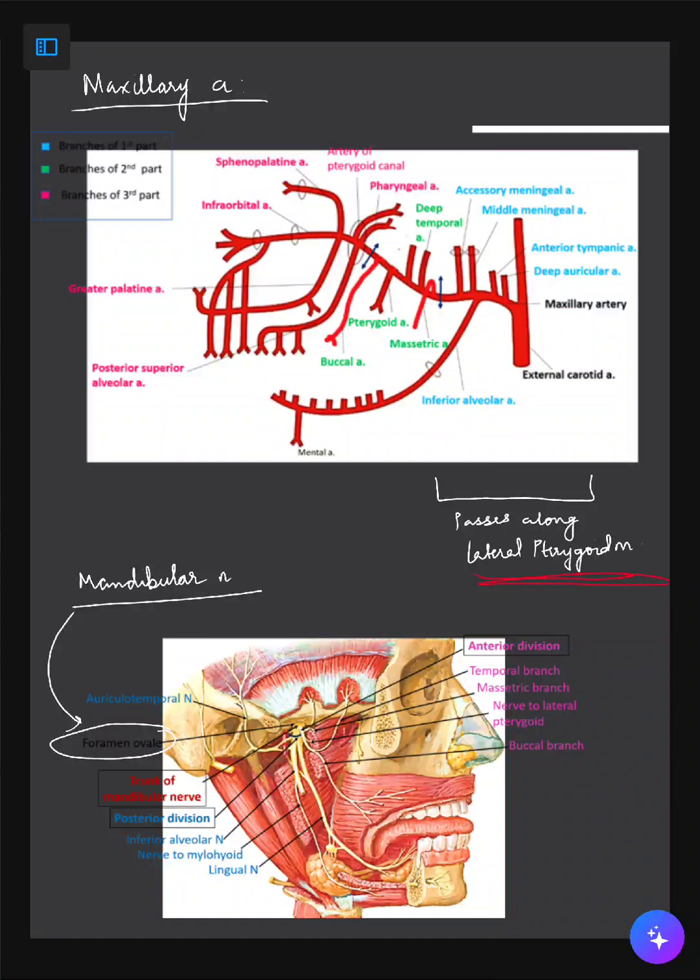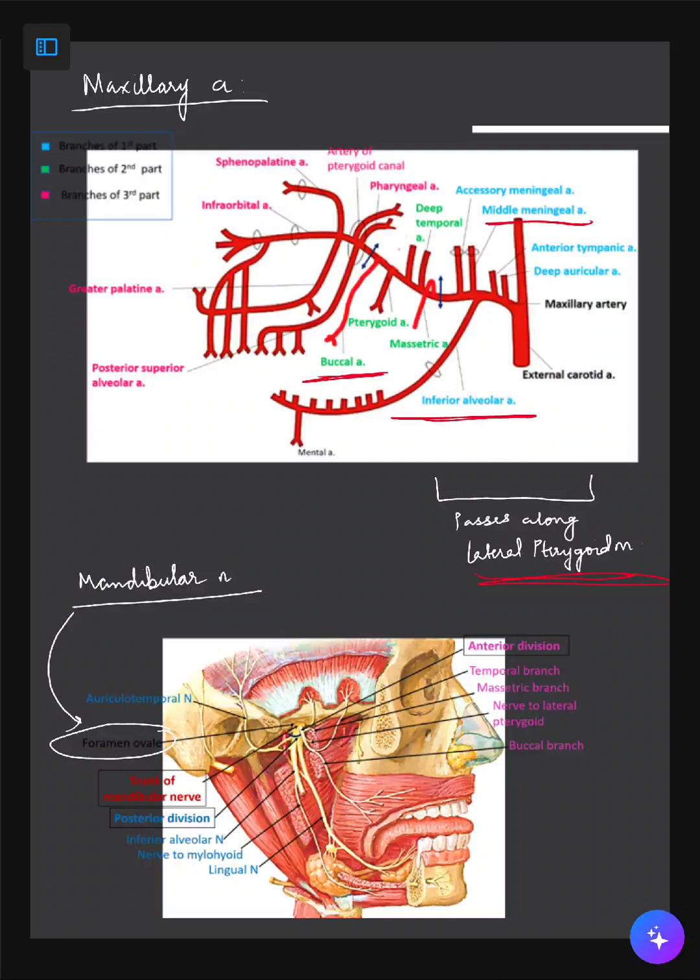It gives rise to a superior branch, which is the middle meningeal artery, and an inferior branch, which is the inferior alveolar artery, and at the beginning and next part of this artery it gives rise to the buccal artery.